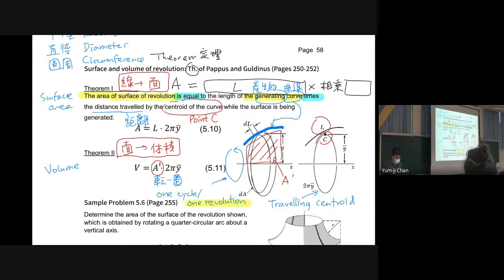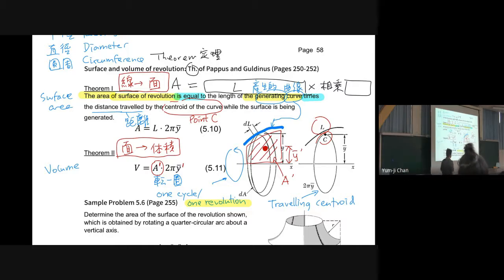To determine the volume from area, we will also do this: we take A prime, the area of A prime, and then we get the centroid of this area.